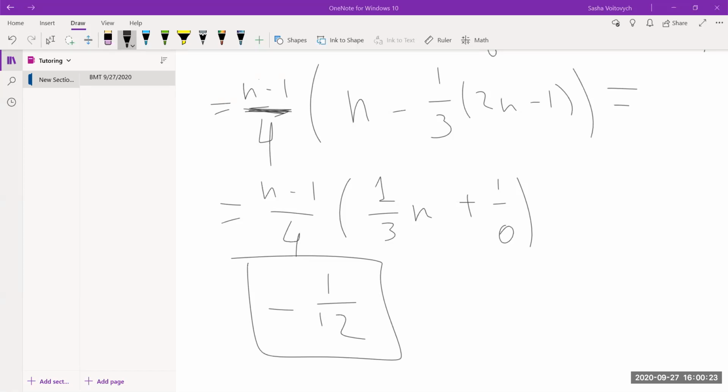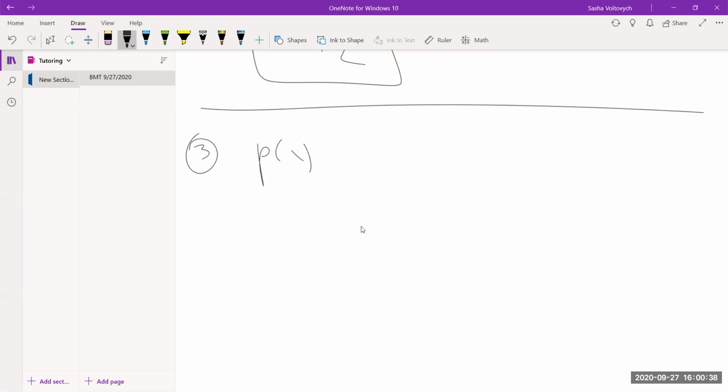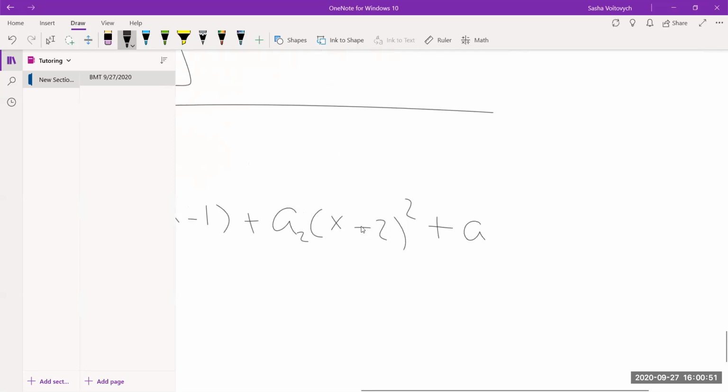So yeah, okay. Let's discuss the problem about the polynomial. So yes, in the problem we have a polynomial p(x) given in the form of a0 plus a1 times (x minus 1) plus a2 times (x minus 2) squared plus a3 times (x minus 3).